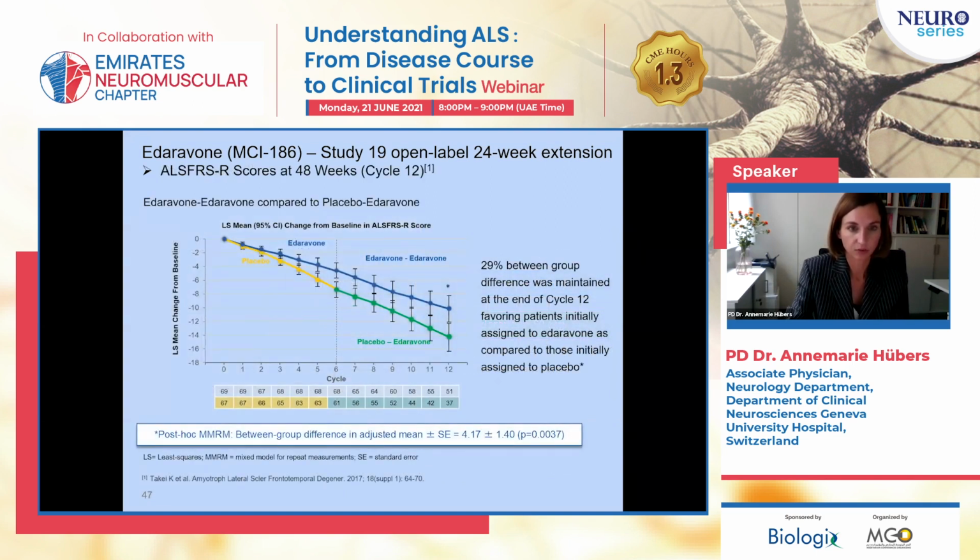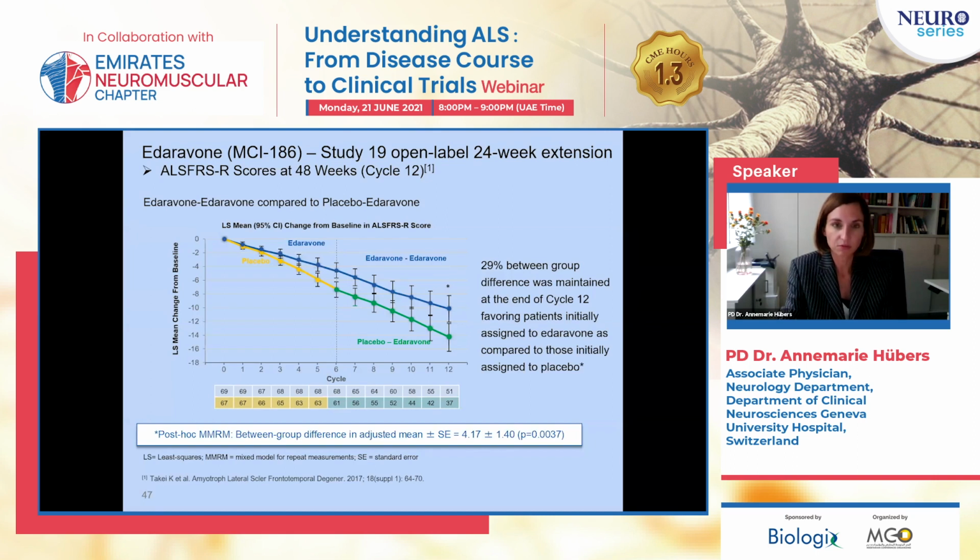And so these are the patients that had not been switched, and these are the patients that had been switched from placebo to Edaravone, and around 30%.